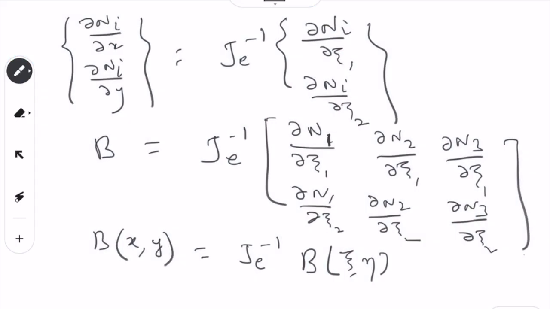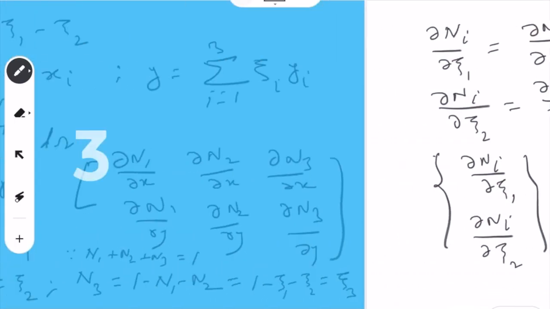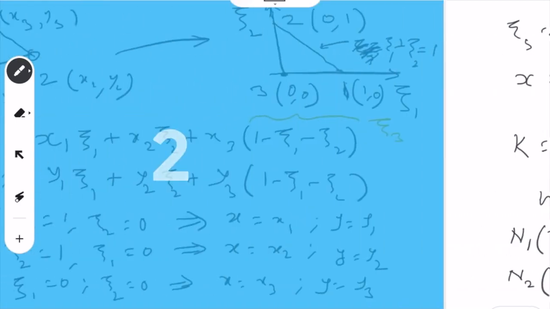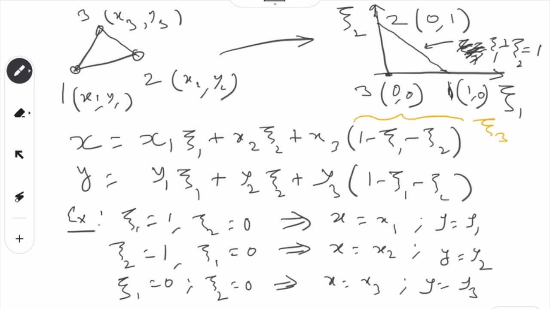Look at our domain. Our domain looks something like this. You can see that we have to integrate from here, where xi 1 plus xi 2 equals 1. So, we have to integrate from 0 till here.